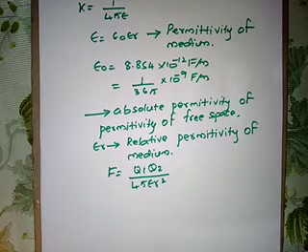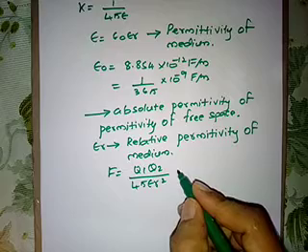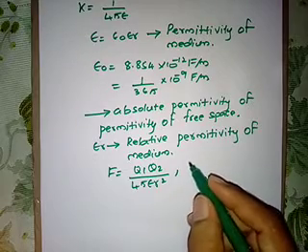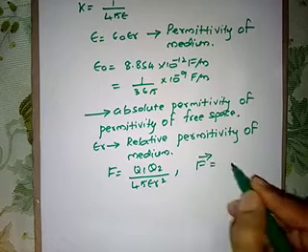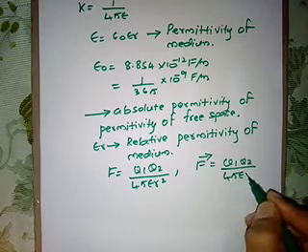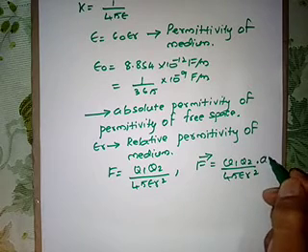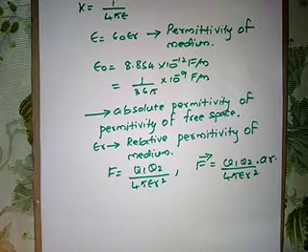Since force is a vector quantity, Coulomb's law can be expressed in vector form as F vector is equal to Q1 into Q2 divided by 4 pi epsilon r square multiplied by AR, where AR is the unit vector in the direction of the force.